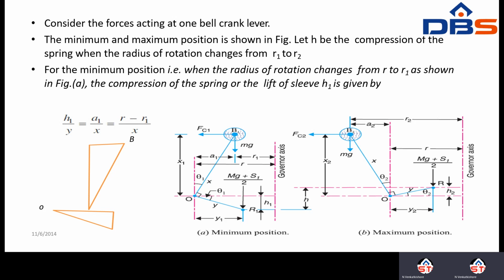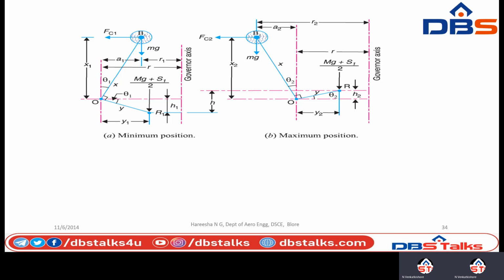For the minimum position, that is when the radius of rotation changes from R to R1, as shown in diagram A, the compression of the spring or the lift of the sleeve H1 is given by the formula H1 by Y is equal to A1 by X, that is equal to R minus R1 divided by X.